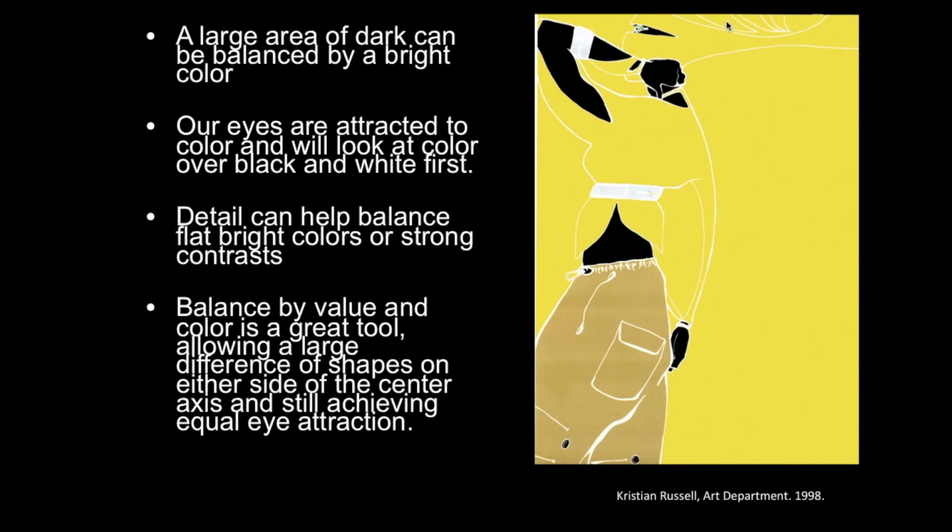Now that wouldn't work, but these little lines bring your eye back to the yellow, and so it helps balance this side out. Doing asymmetrical balance is really kind of just trying to figure out when one side becomes too much, then you need to figure out something for the other. So the yellow background is a lot, so there's a lot of detail over here, but there's so much detail that you now need something else in the yellow background.